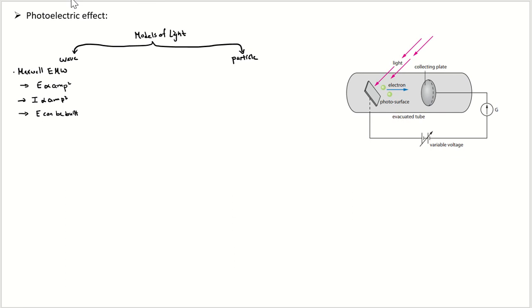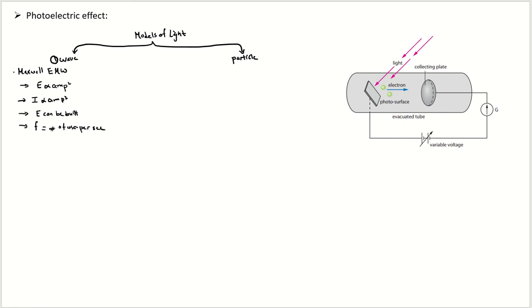So this is what they consider in light being a wave. And the fourth thing is that the frequency of light is nothing but the number of oscillations per second. So this is according to the wave model.